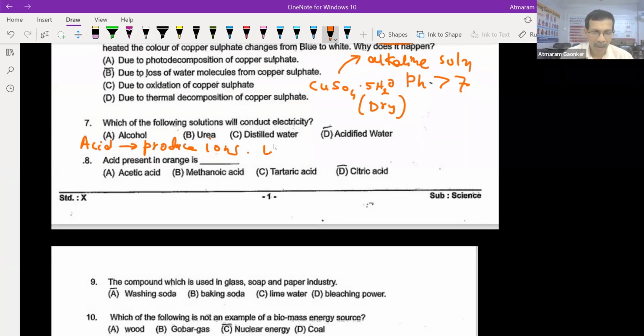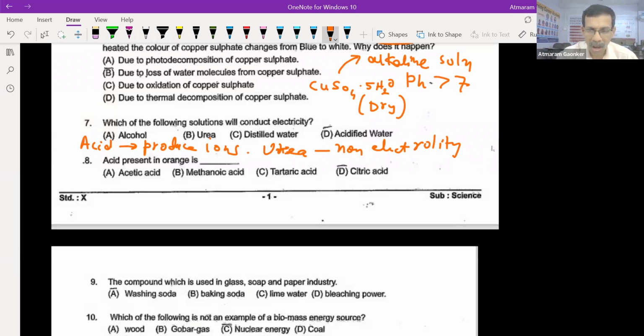What about urea? So urea is a non-electrolyte. Urea is a non-electrolyte. And the next one, alcohol, is a weak acid, and distilled water has no ions.